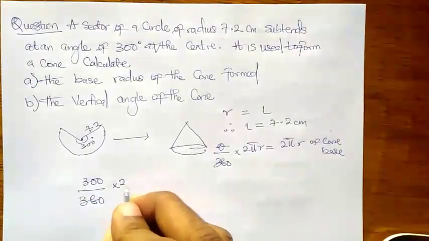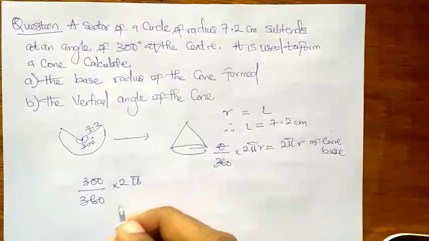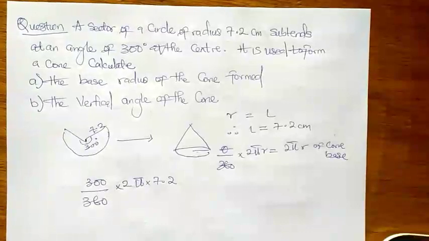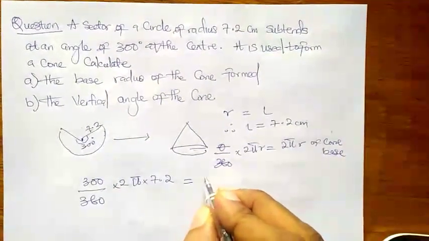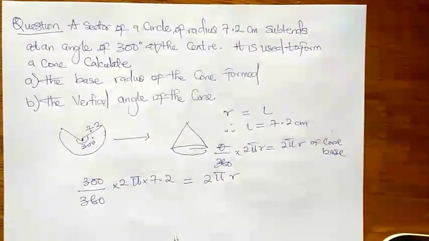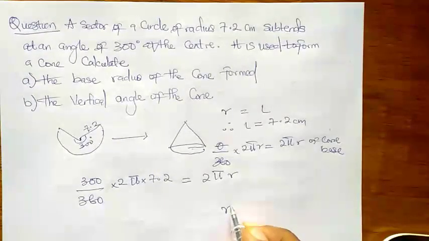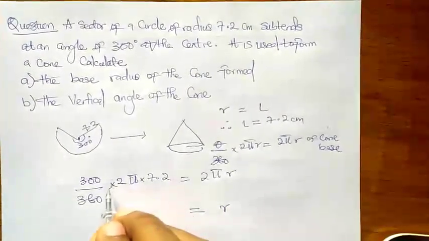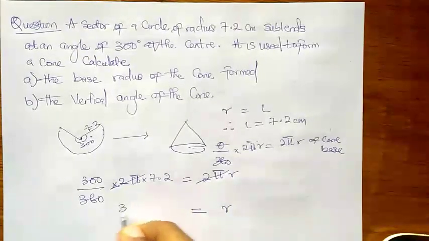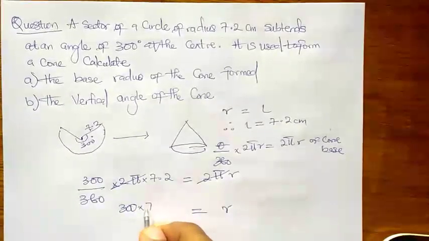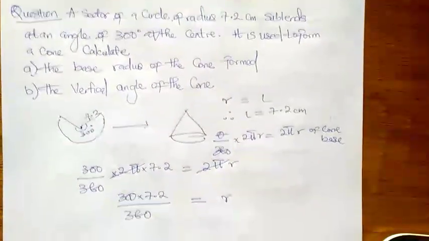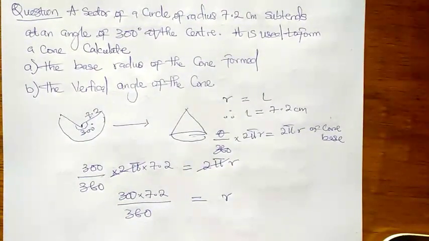So we have 300 degrees over 360 times 2 times pi times 7.2, which is the radius of the sector, equal to 2 pi, and we don't know the radius, so we make the radius of the cone base our subject. We have 2 pi cancelling 2 pi, and we are left with 300 times 7.2 all divided by 360 as being equal to r.